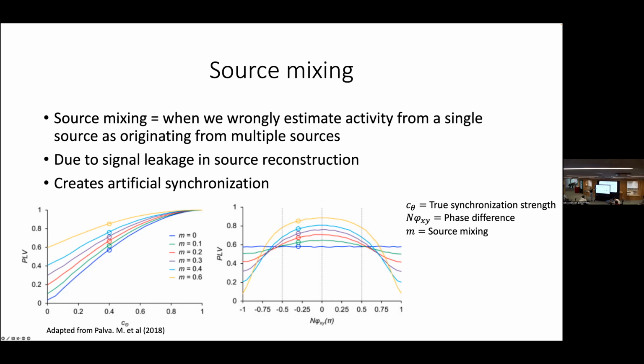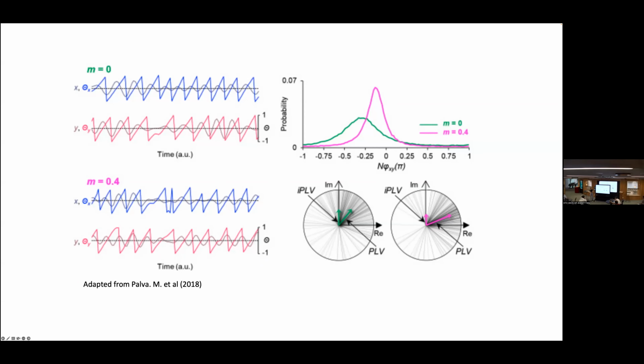Here with zero source mixing, this green distribution has its maximum between 45 and 90 degrees. But with source mixing, the whole distribution gets pushed towards a lower phase lag because of this interference.